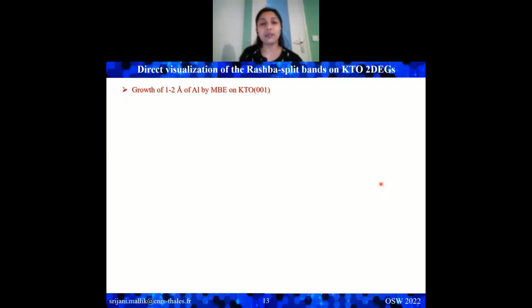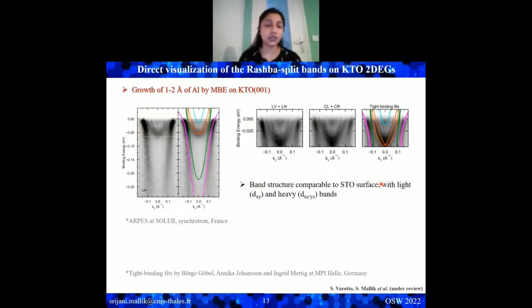And then after growing the sample, we immediately transferred it into the ARPES chamber and measured the band structure. This is what we observed, where the band structure consists of a combination of a few light bands with dxy orbital characteristics and a few heavy bands with dxz characteristics.